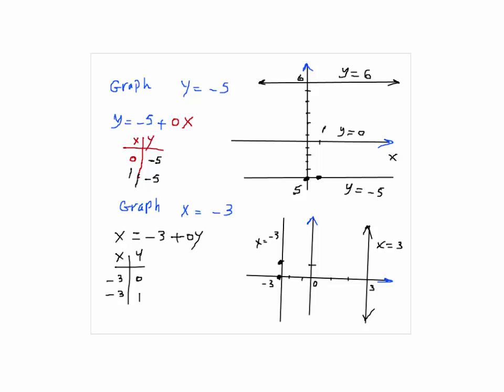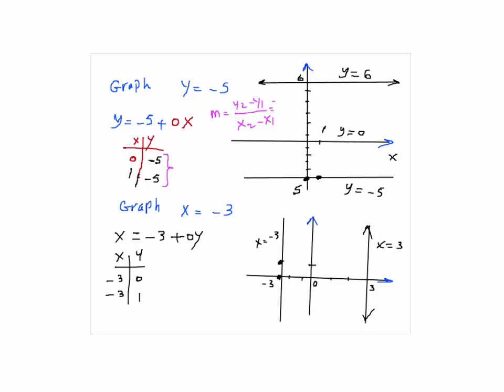Remember the formula for the slope? m is equal to y2 minus y1 over x2 minus x1. So if I pick these points here, you notice that the values for y are the same. So it means the numbers at the top of the fraction are the same.